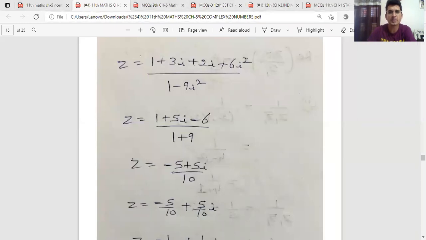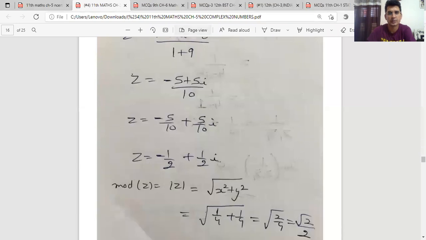Value of iota square is -1. So plus minus -6. Minus minus plus 9. So finally we will have -6 plus 1, -5 plus 5 iota upon 9 plus 1, 10. So z will be equal to -5 by 10 plus 5 by 10 iota.